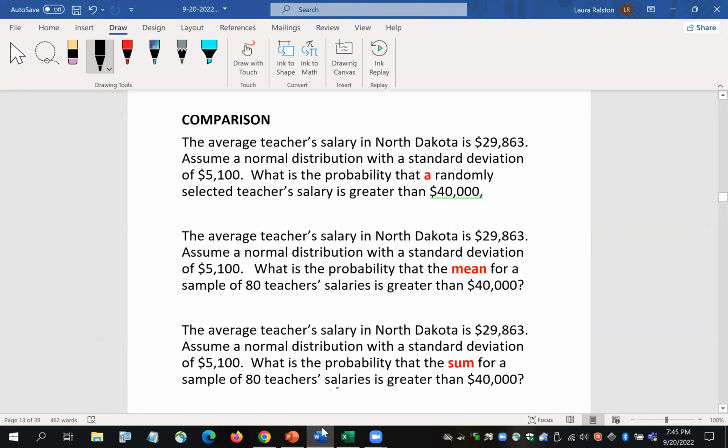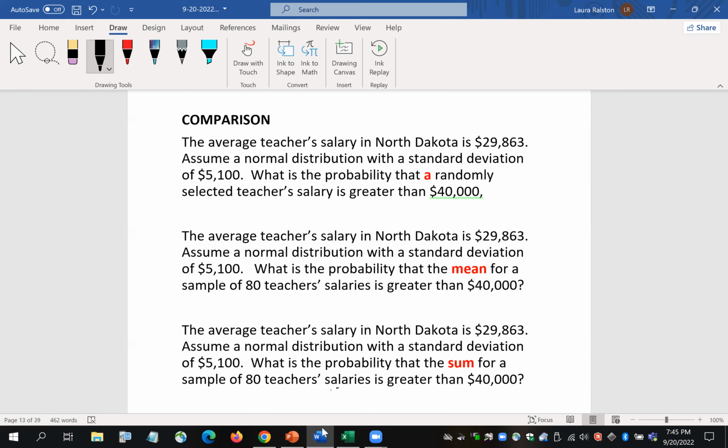So we come back over here. I have the same question with different phrasing. Okay, so the first one says the average teacher salary in North Dakota is $29,863. Assume a normal distribution with a standard deviation of 5,100. What is the probability that a randomly selected teacher's salary is greater than 40,000?